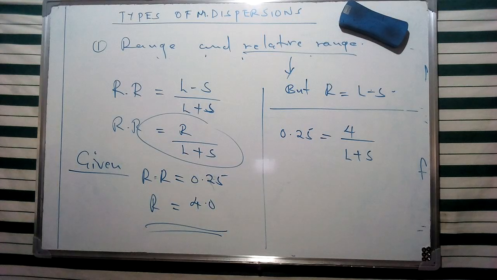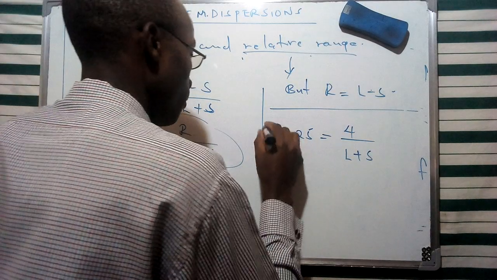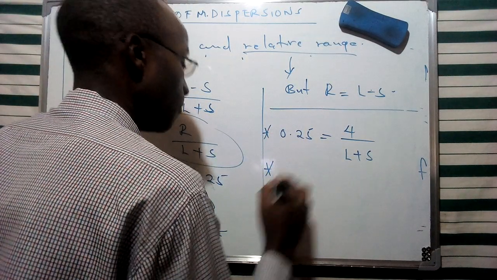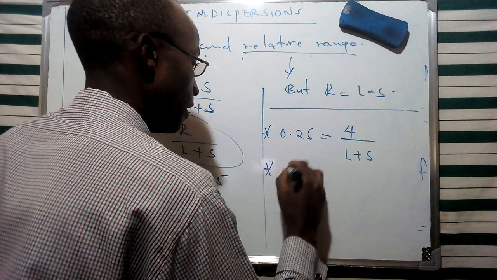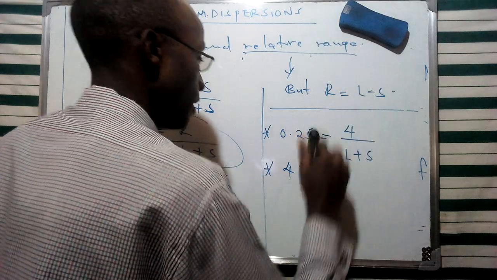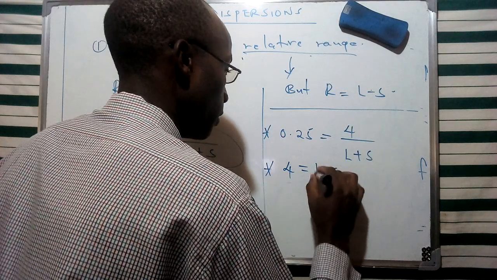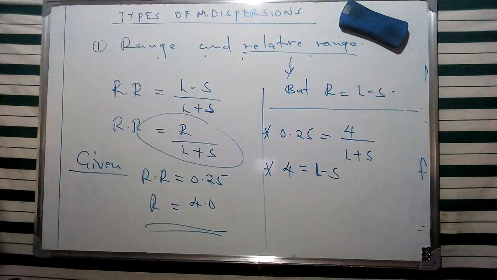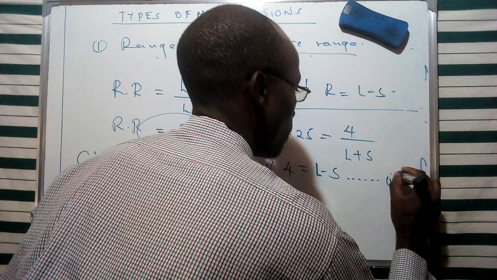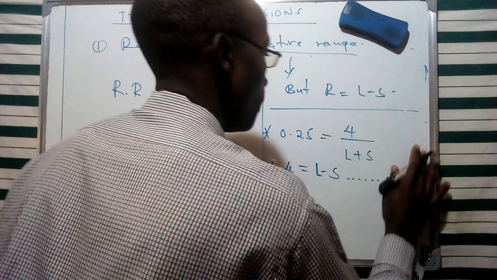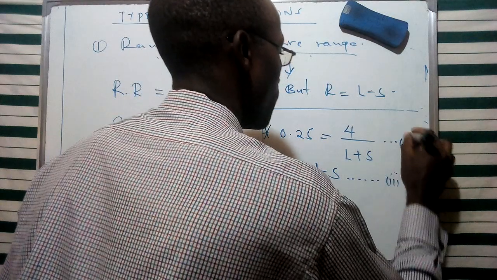This is going to be our first relationship. Then we have the range, which is 4, given as the largest minus the smallest value. Let's refer to this one as our second relationship.